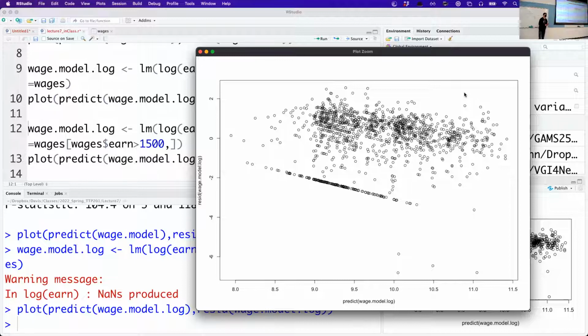But what I would say about those data points is that the way I would characterize this data set is that it includes people who are working regular jobs, but the data set also includes people who are clearly temporary workers or people who aren't consistently bringing in income.